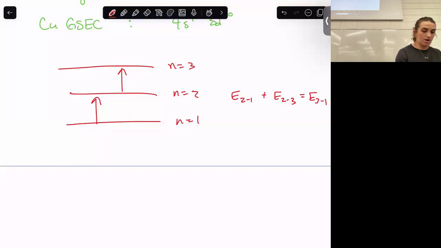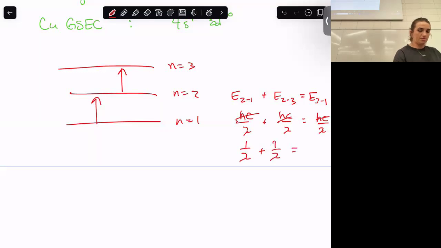Yep, so then all of these can be hc divided by lambda. So then all the hc's cancel out, so you're just left with 1 over lambda plus 1 over lambda.